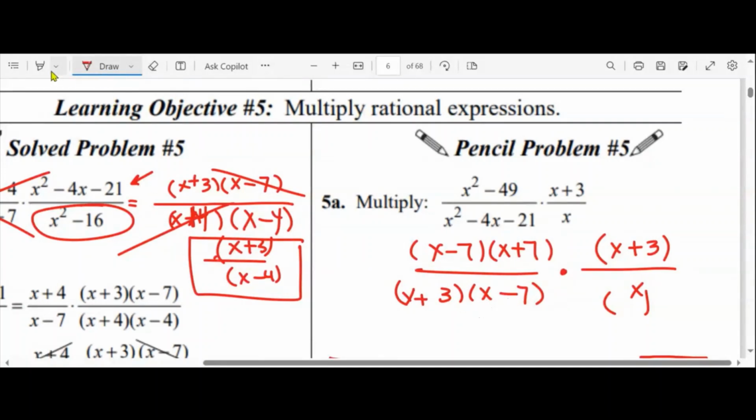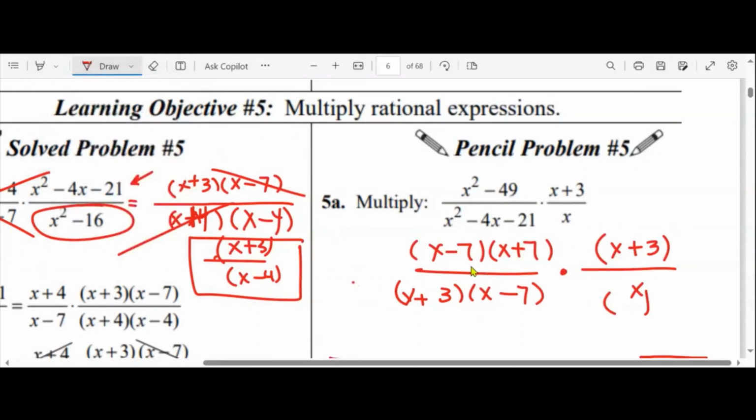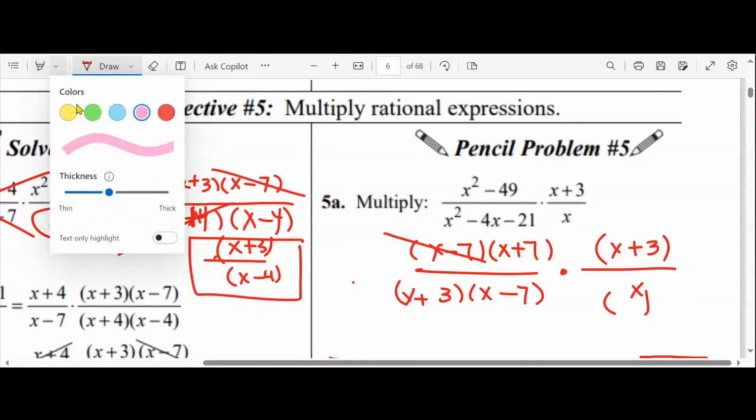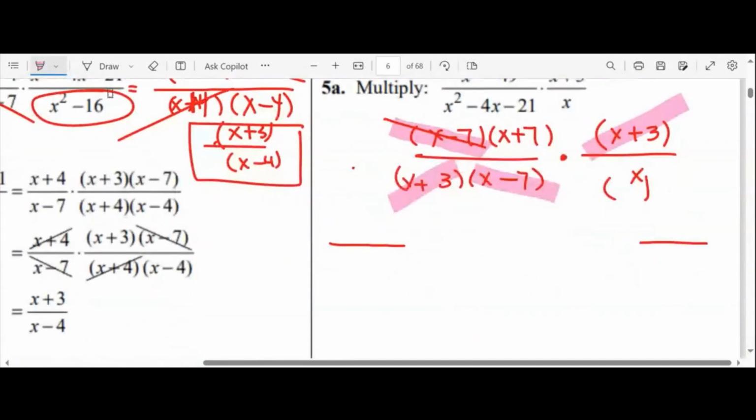Do you like to kill? Yes. You're professional. So let's kill. What else? X plus 3 and X plus 3. So what's your final answer? X plus 7 over X. Can I cancel X with X?